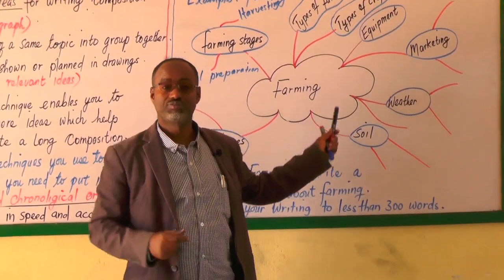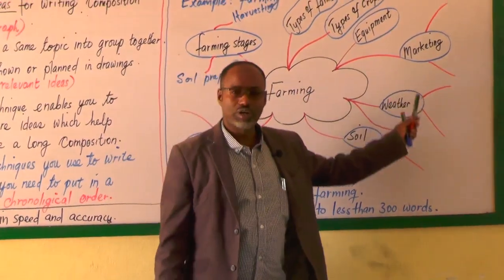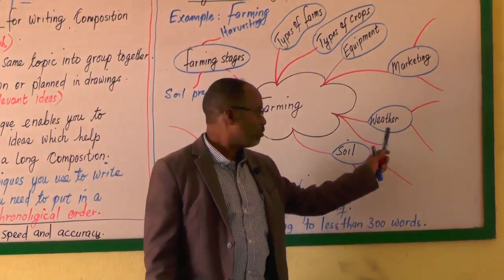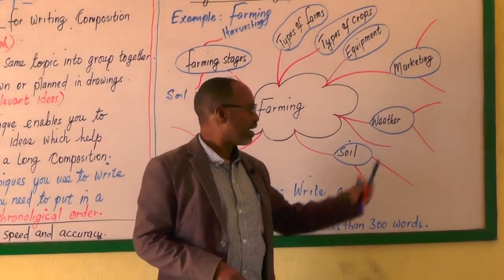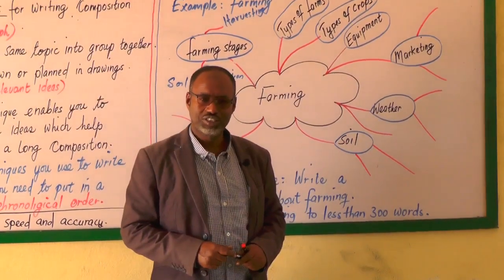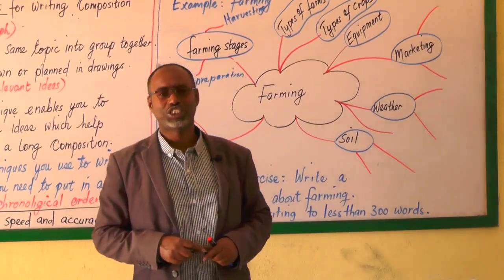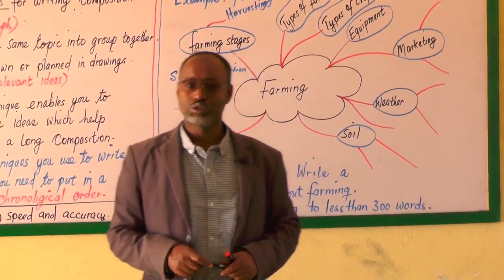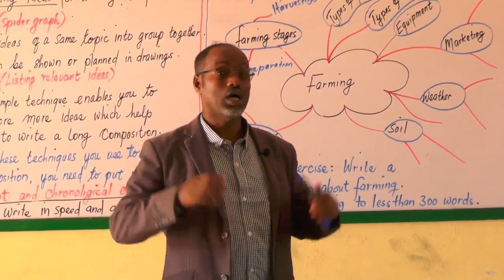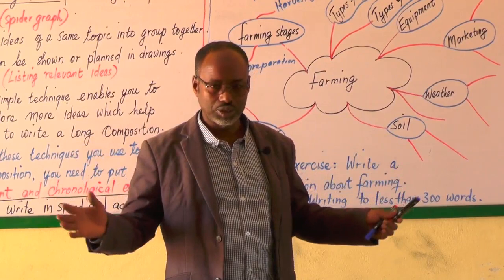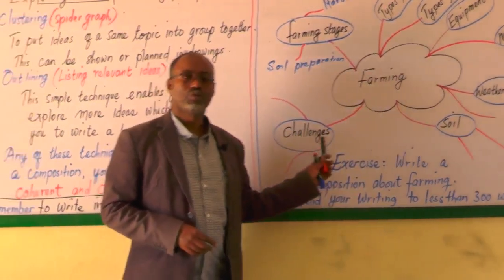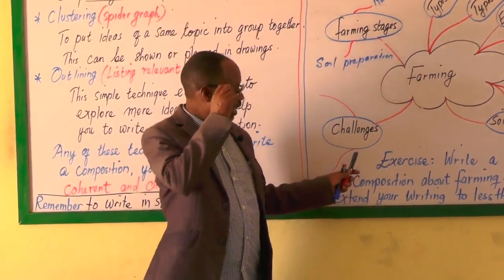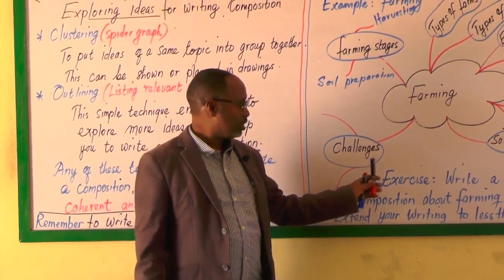How many words? How many sentences can you prepare from this? When you put all these things together, I'm sure you will get a lot of words. Well, so here I have got an exercise.